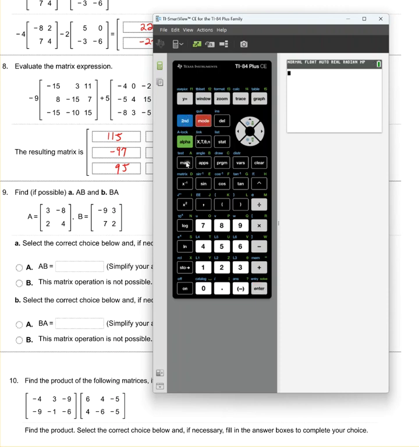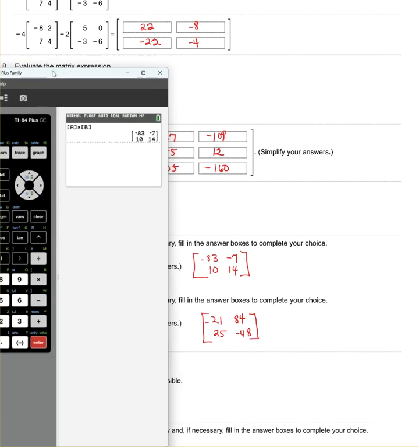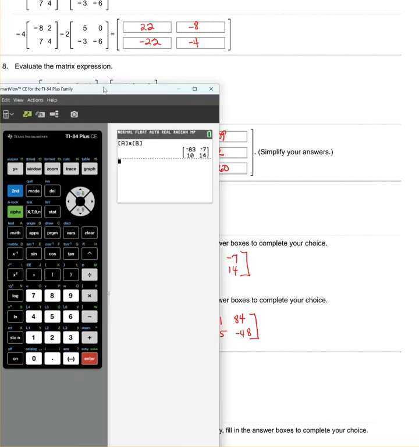Now, it wants to know what's A times B. So we go in, we go to second matrix, we grab A, times, go back in, go down and get B, and we get those. Let's see if that's the numbers we've got. Negative 83. Yeah, okay, so we got that.